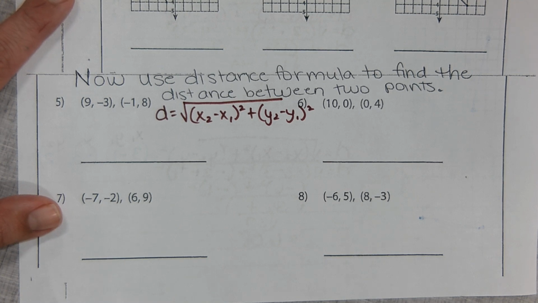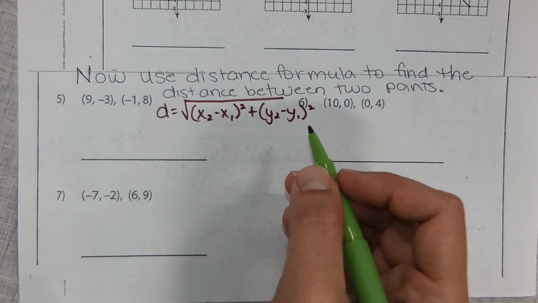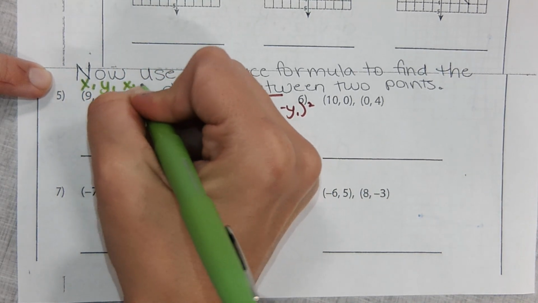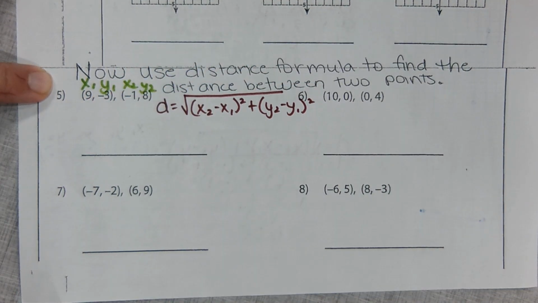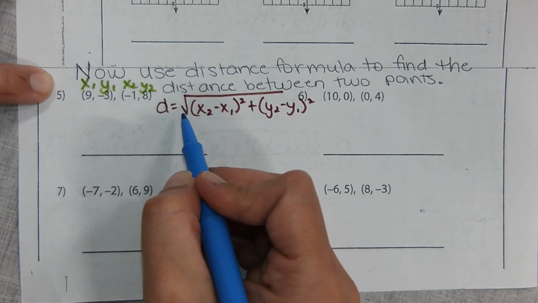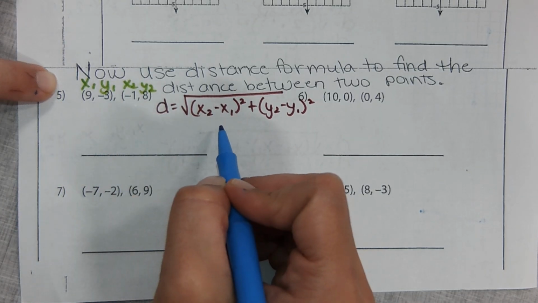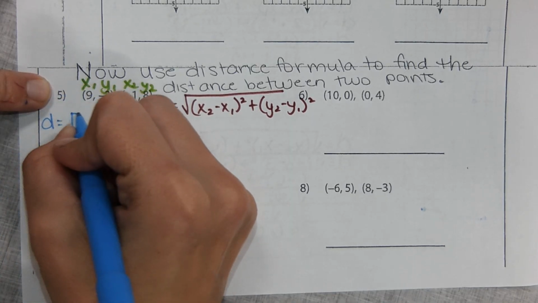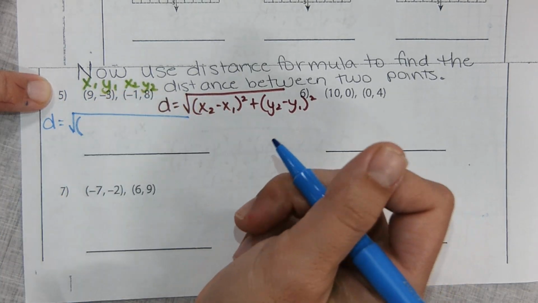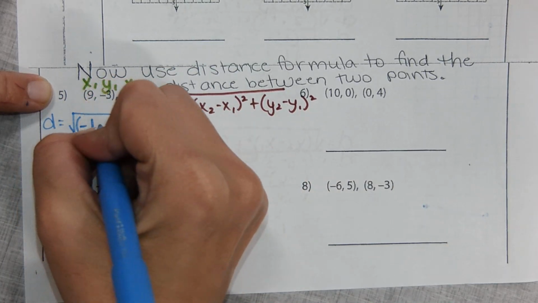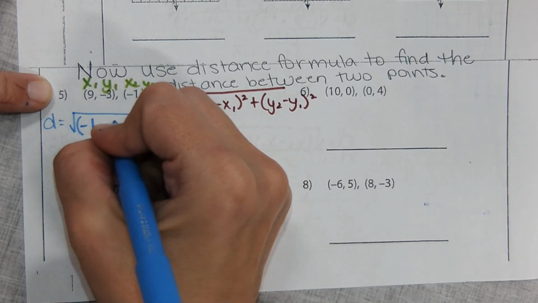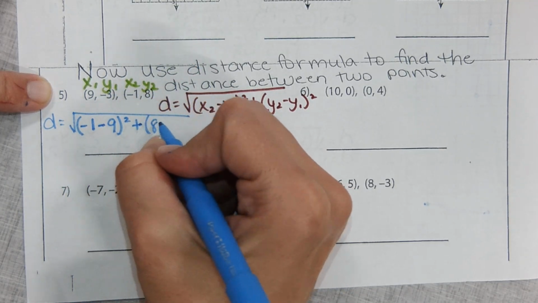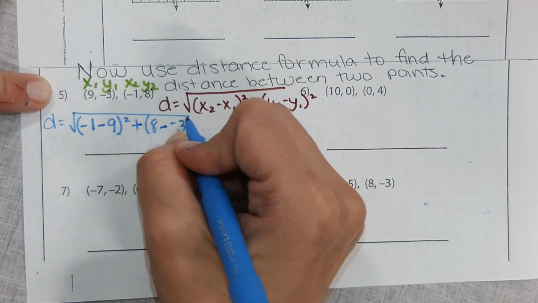Okay. Have the distance formula down, then we're going to label x1, y1, x2, y2. And then I'm going to plug my numbers into the equation. Distance equals square root of x2, which is -1, minus x1, which is 9, squared, plus 8 minus -3 squared.